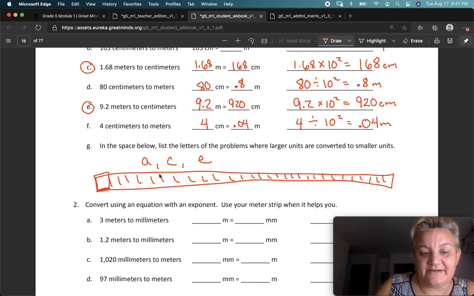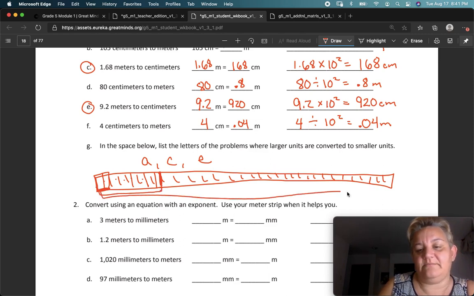And a decimeter would be 10, right? 1, 2, 3, 4, 5, 6, 7, 8, 9, 10. There's a decimeter. And then this whole thing would be the meter, right?